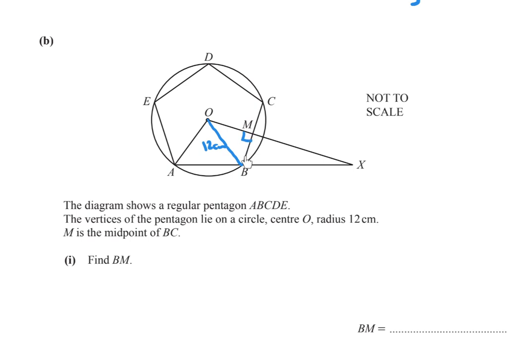To find BM, in triangle OMB, this right angle triangle, we have the hypotenuse 12, and we can find this angle. Because each interior angle equals 108, and from symmetry, this angle equals that one.